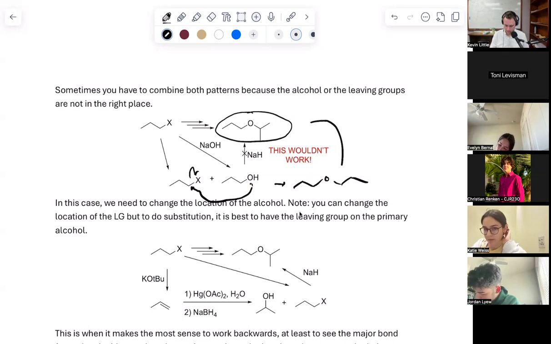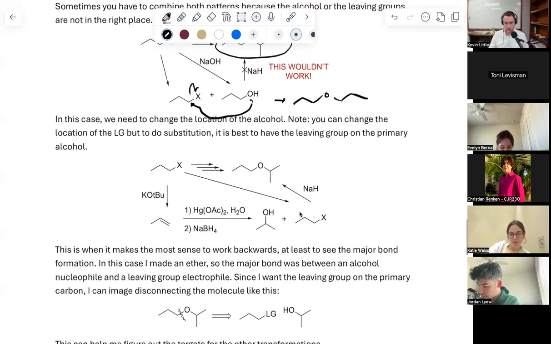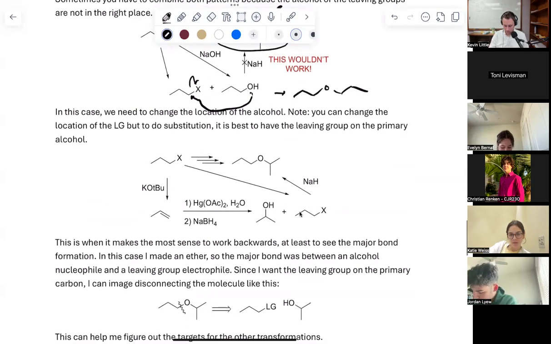Sometimes, if I have a specific product in mind, it means I have to change my alkyl halide, I have to change my alcohol to get them in the right formation to do the right substitution, right? So here's what that would look like.